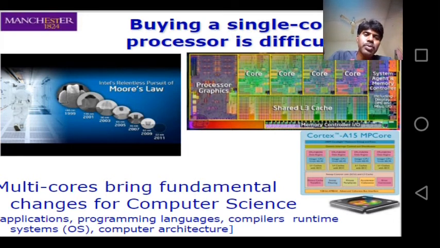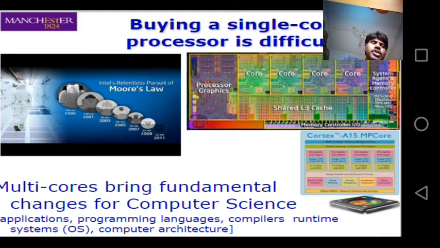Nowadays, when you purchase a computer, they sell separate graphic cards, VGA, so that they can execute multimedia kinds of applications. For normal computations, processor graphics is not required, but it is required for video gaming, multimedia applications, and such things.